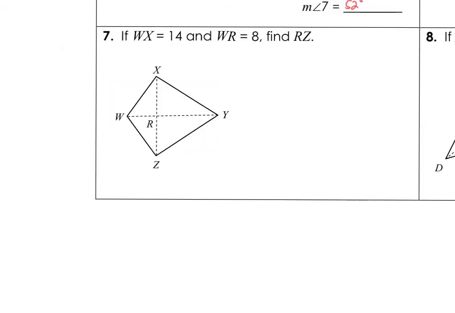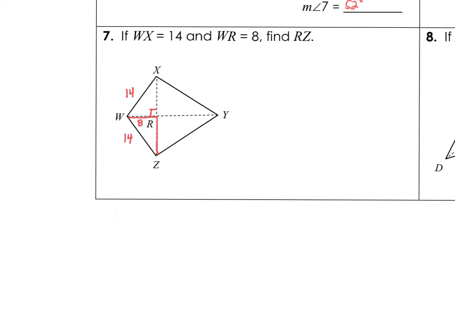And knowing that the diagonals are perpendicular leads me to think that we're probably going to have to work with the Pythagorean theorem to find missing sides. Spoiler alert. So if WX is 14 and WR is 8, we're looking for RZ. If WX is 14, WZ is also 14 by property of kites. The consecutive sides are congruent.